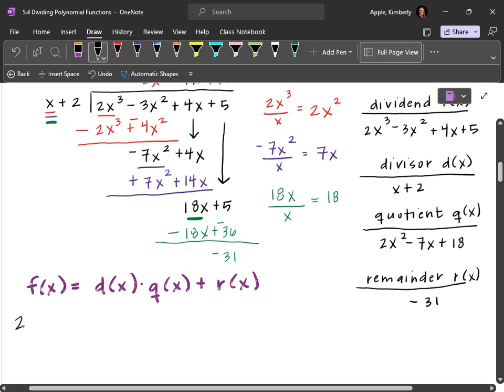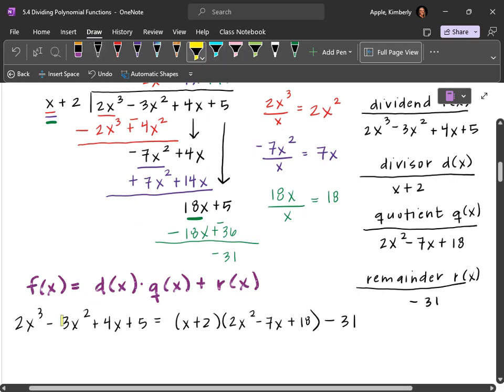We just kind of plug things in. So that's 2x cubed minus 3x squared plus 4x plus 5 is equal to the divisor x plus 2 times the quotient 2x squared minus 7x plus 18, and then plus negative 31, which should just be minus 31. And so this is your answer written in the format of the division algorithm.